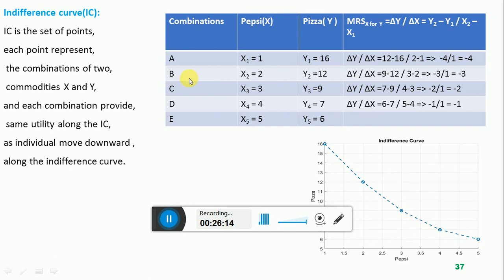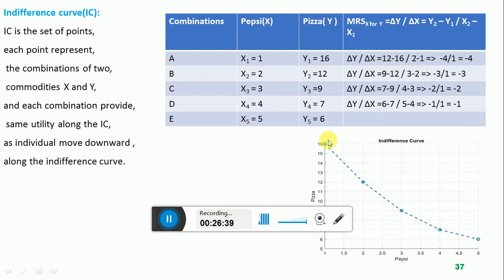In the next combination, to jump from B to C, when the consumer increases 1 unit of X, utility will increase by, suppose, 3, and when the consumer decreases pizzas, utility will decrease by 3. So because of decreasing pizza, utility decreases, and because of increasing Pepsi, utility increases by the same amount, and so on.